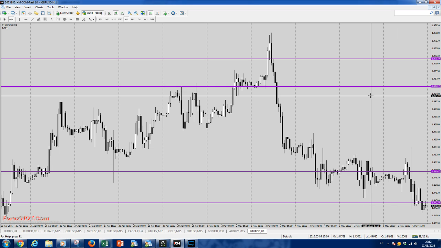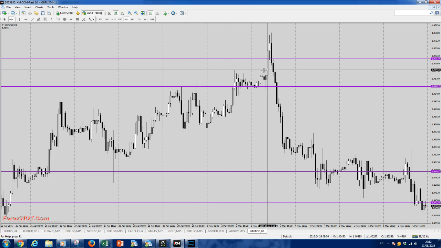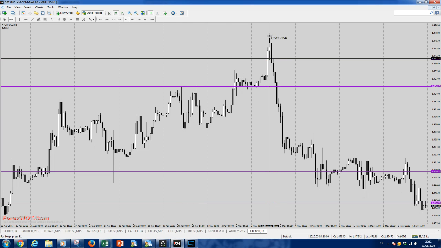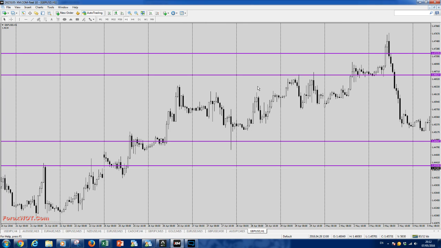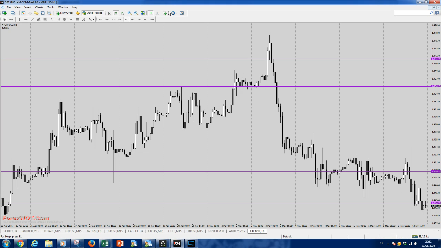Resistance lines and support lines can always break. So you can also trade the breakout of these zones. For example up here, did I draw it before? Yeah, okay. Say if it was coming down and it definitely broke out, you could trade the breakout as well.